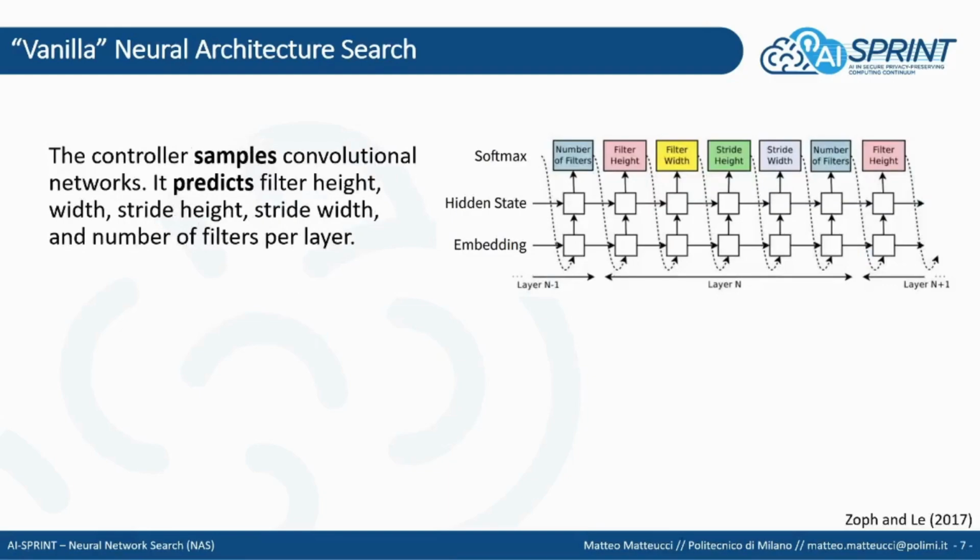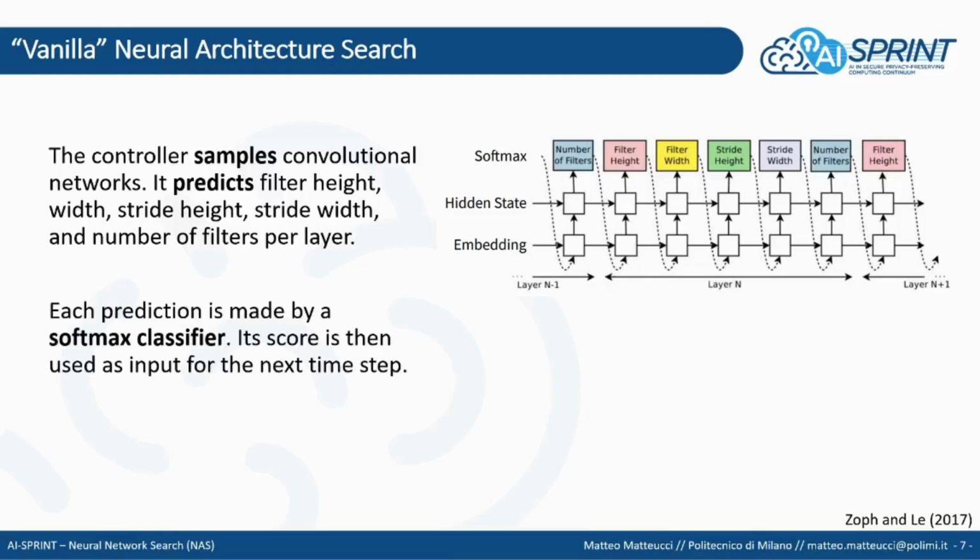What the controller does is generate examples of convolutional networks. As I said, it generates a sequence of tokens, and these tokens represent the number of filters, the filter height, the filter width, the stride height, the stride width, the number of filters again. Each prediction, in the sense of whether we choose a certain number of filters or height, is made by a softmax classifier.